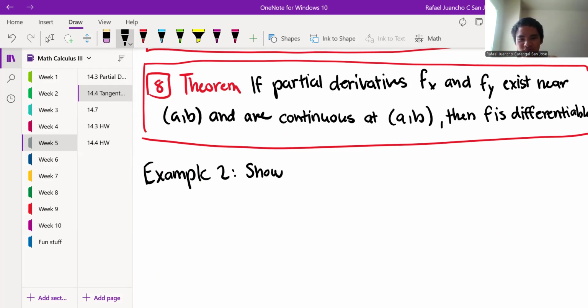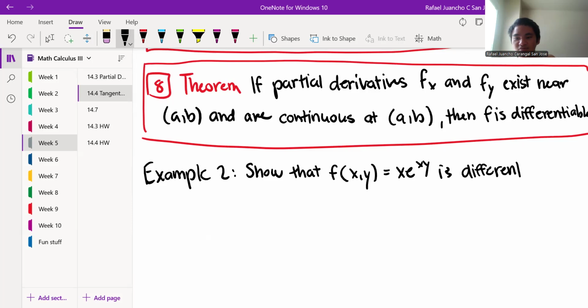Okay, so we are asked to show that my function of two variables, and in this case it's an exponential one, x times e to the xy, is differentiable. I'd probably just use a computer. I'm kidding. Is it differentiable at this point? And if it is, find its linearization.